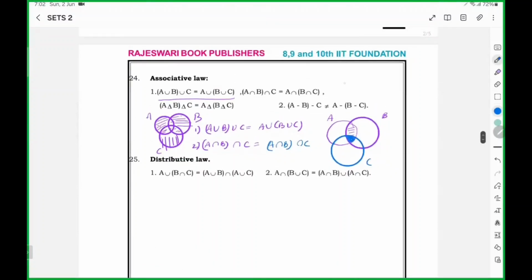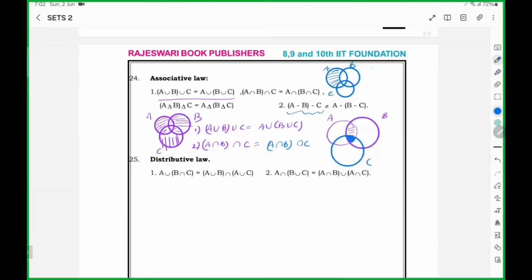Geometrically, here if I say A minus B means this part, minus C. A minus B is in A, it should not be in B, as well as it should not be in C, only this shaded part, right? So A minus B minus C.